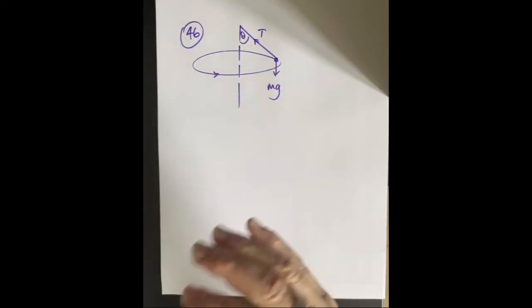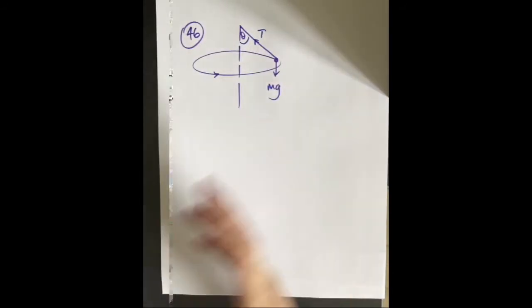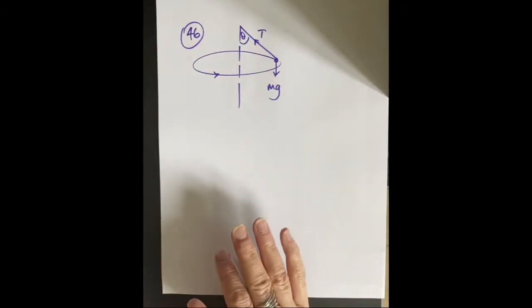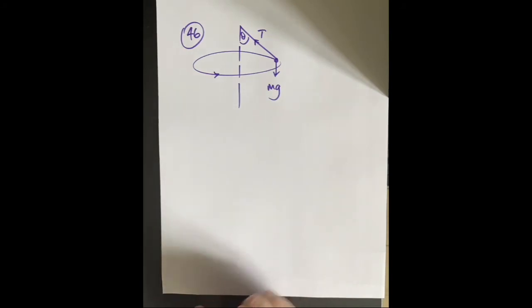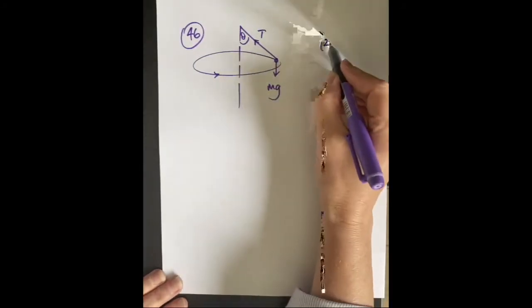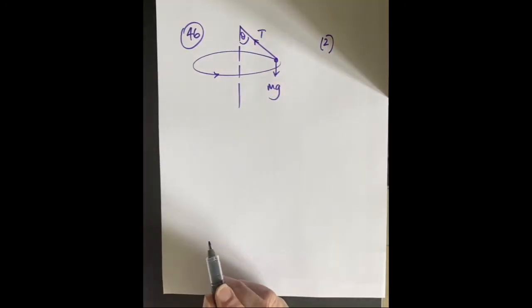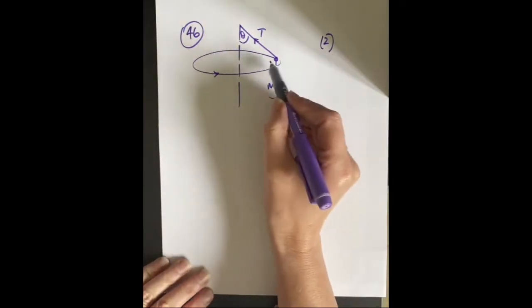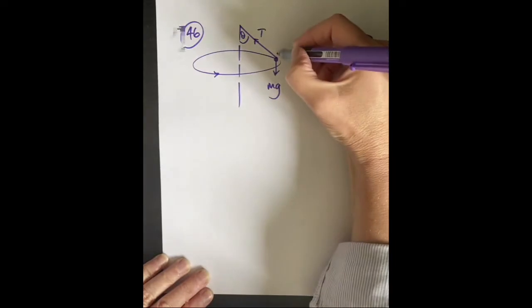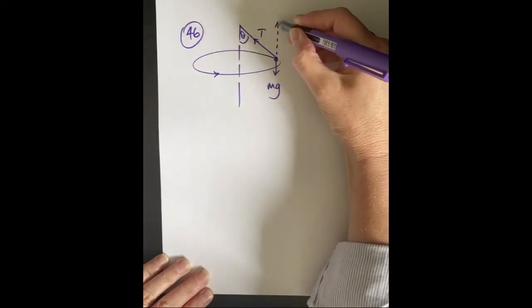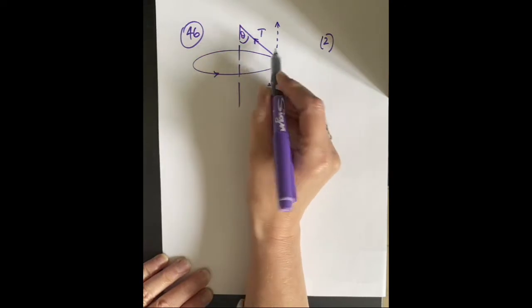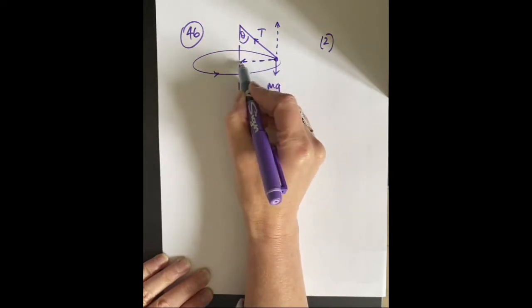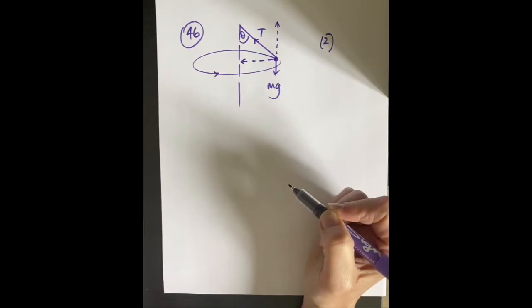Remember what I said, there's tension here, there's weight here, there's all these different forces. One or more of these could provide the centripetal force, all right? So there were, as I said, 2 marks for that, and potentially lost one if you added an extra centripetal force, all right? So yeah, the next thing that we're potentially going to do is we're going to resolve that tension, which is at an angle, into a vertical and a horizontal component, all right?